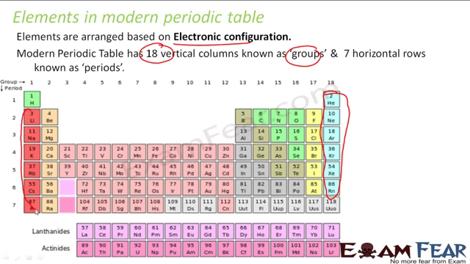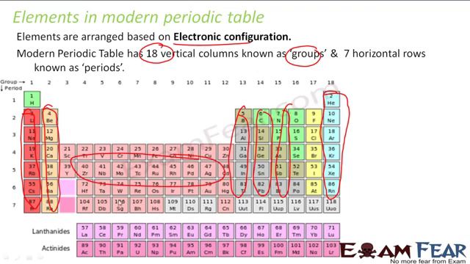Some chemical property is the same. If you take this bunch of elements, they don't have the same chemical property, and that's why they are never called a group. A group has the same chemical property, and that happens when you take the bunch in this fashion. And these are called periods. Everything is based on the electronic configuration.